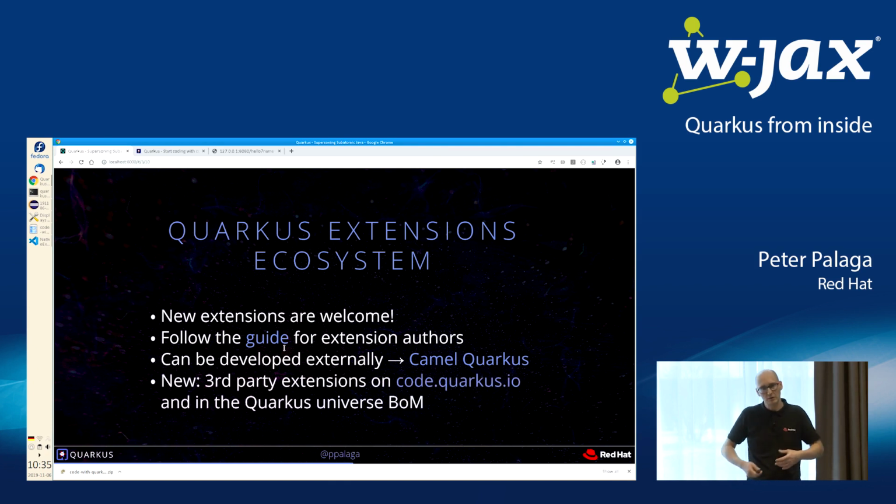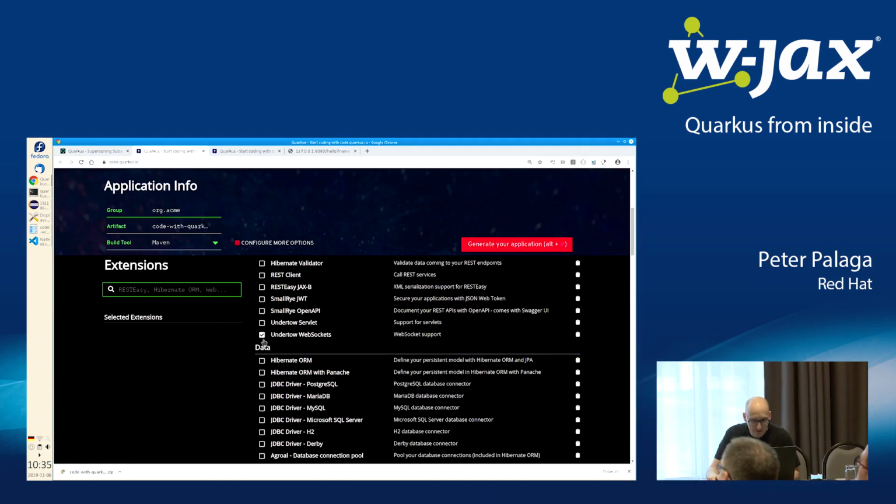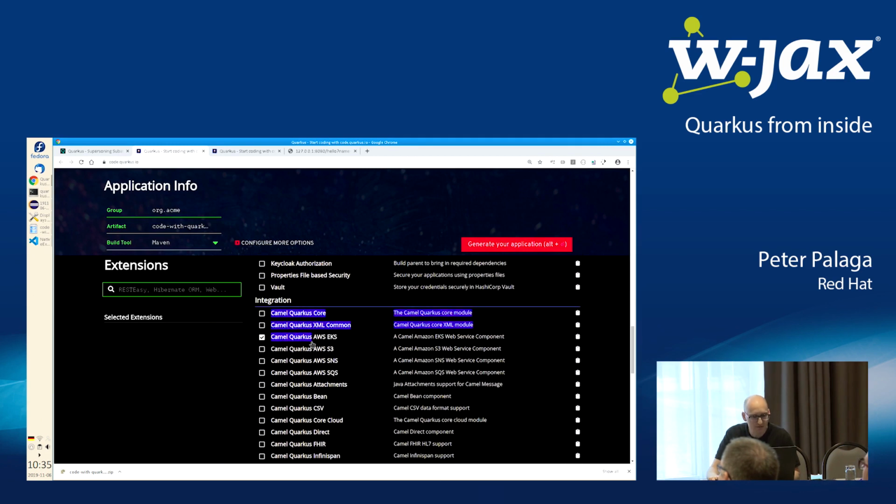And you can not only develop your extensions independently, you can also get included on code.quarkus.io with your third-party extension. If you look there, and this is just since a couple of days, there are Camel extensions there, which are actually third-party.